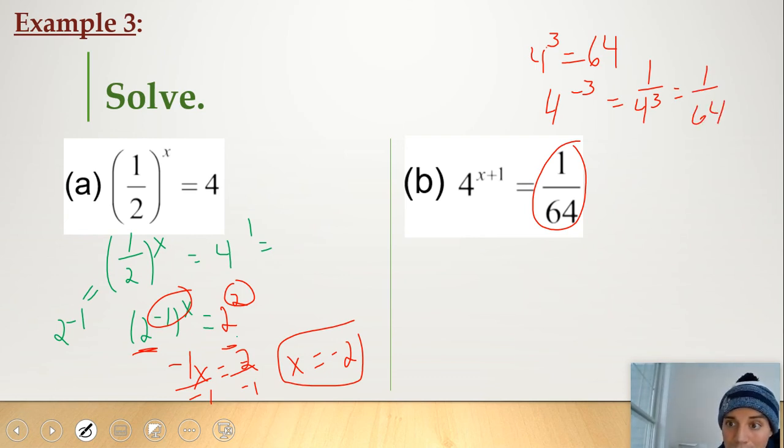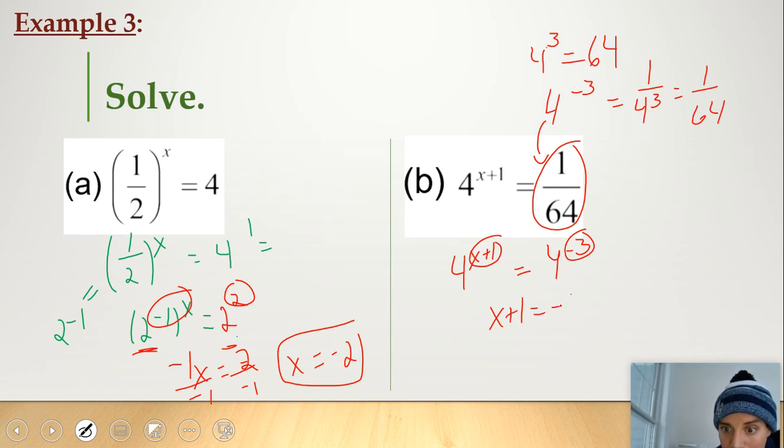So I'm going to rewrite that 1 over 64 in terms of 4 to the negative third. So I have 4 to the x plus 1 is equal to 4 to the negative third. Set the exponents equal to each other. x plus 1 is equal to negative 3. Subtract 1, and we're going to get x is equal to negative 4.